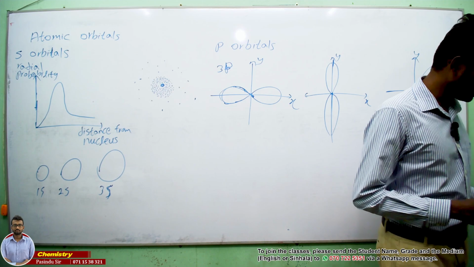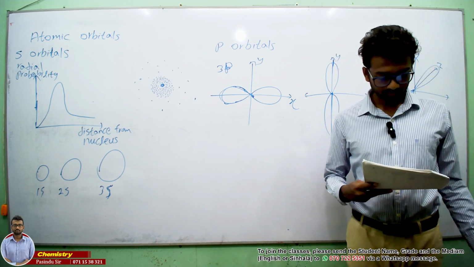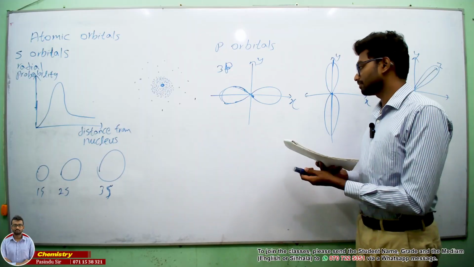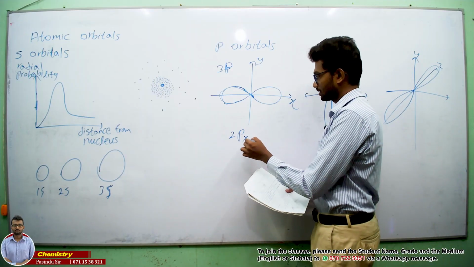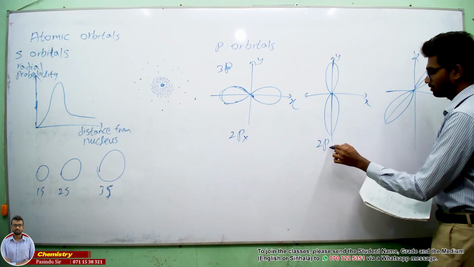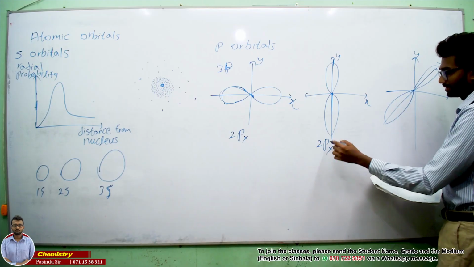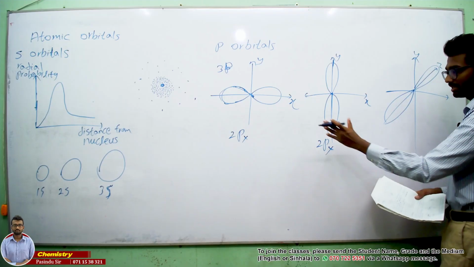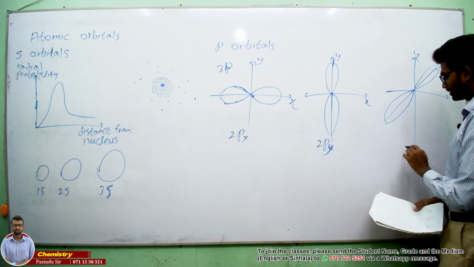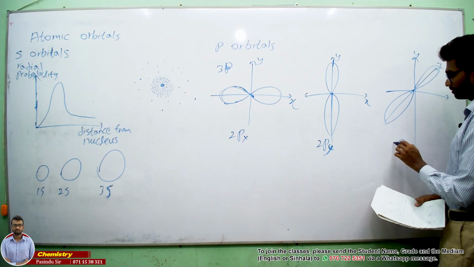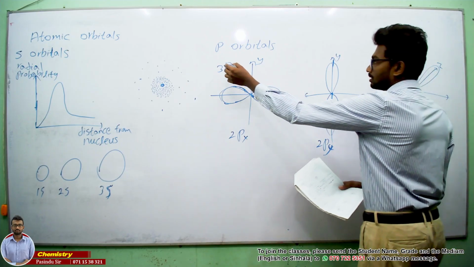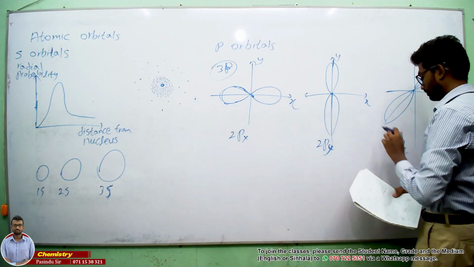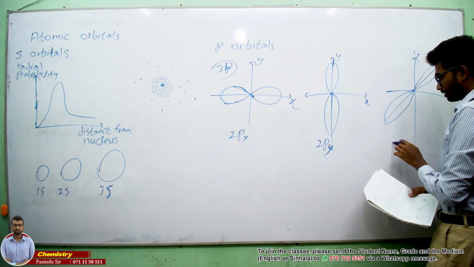So write down. We name them 2px, 2py. This is an example. Here we consider 2p orbitals.